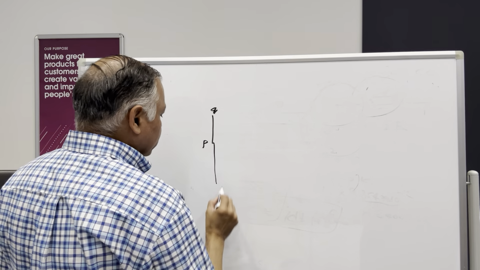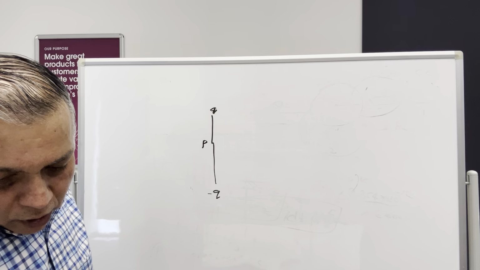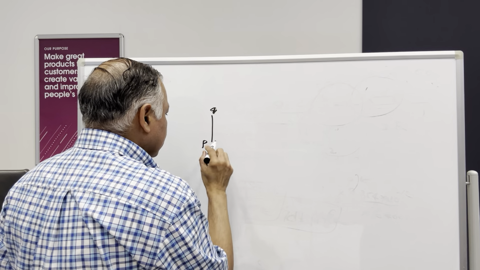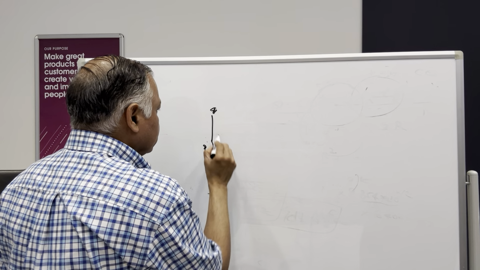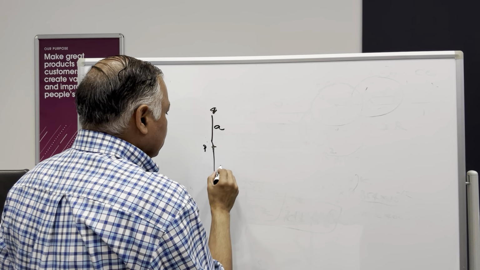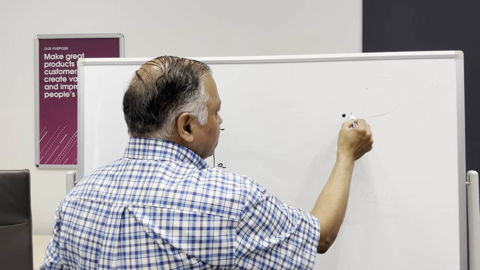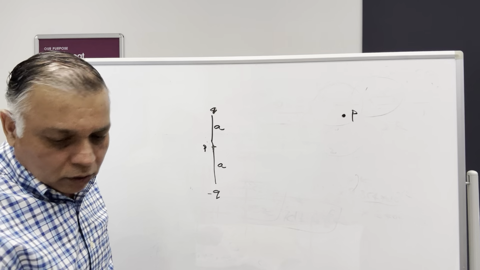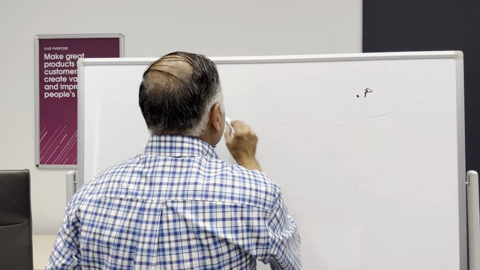One charge is Q here and another charge is negative Q on the bottom. They are at equal distance. My center is here, P. This is my A, and this is my A, and we have to bring the charge from point P. So what will happen if P is somewhere here?